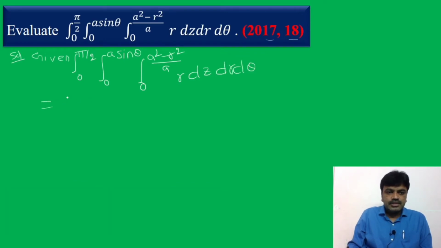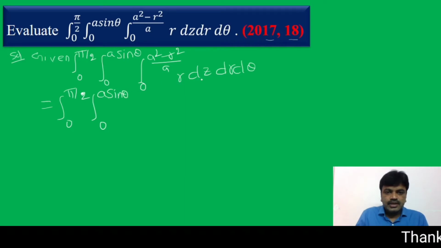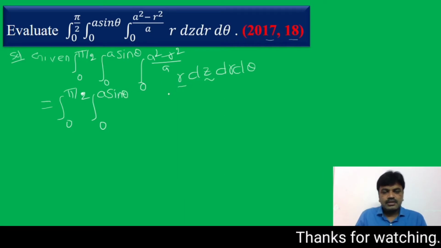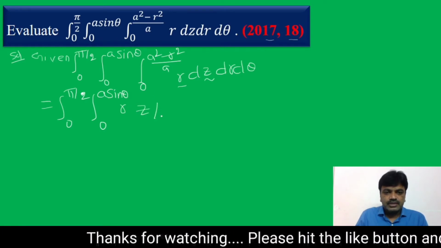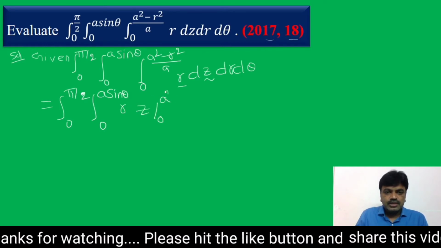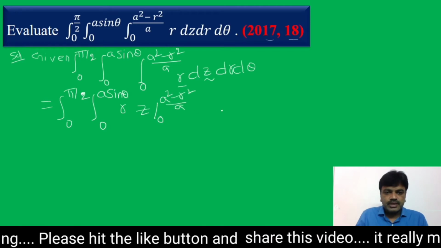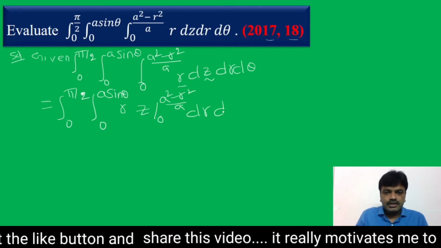So that is equal to integral 0 to pi by 2, integral 0 to a sin theta. With respect to z, r is constant, so r into z between limits 0 to (a square minus r square) by a, into dr d theta.